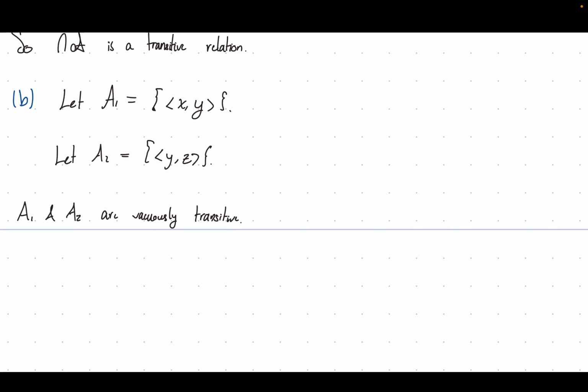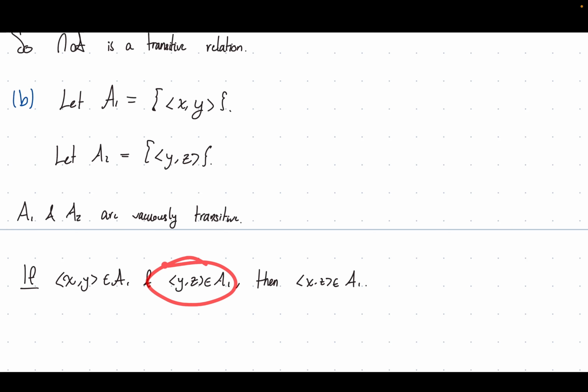Because if x, y is in A1 and y, z is in A1, for instance, then it should follow that x, z is in A1. But the precondition is false from the get-go for both of these.